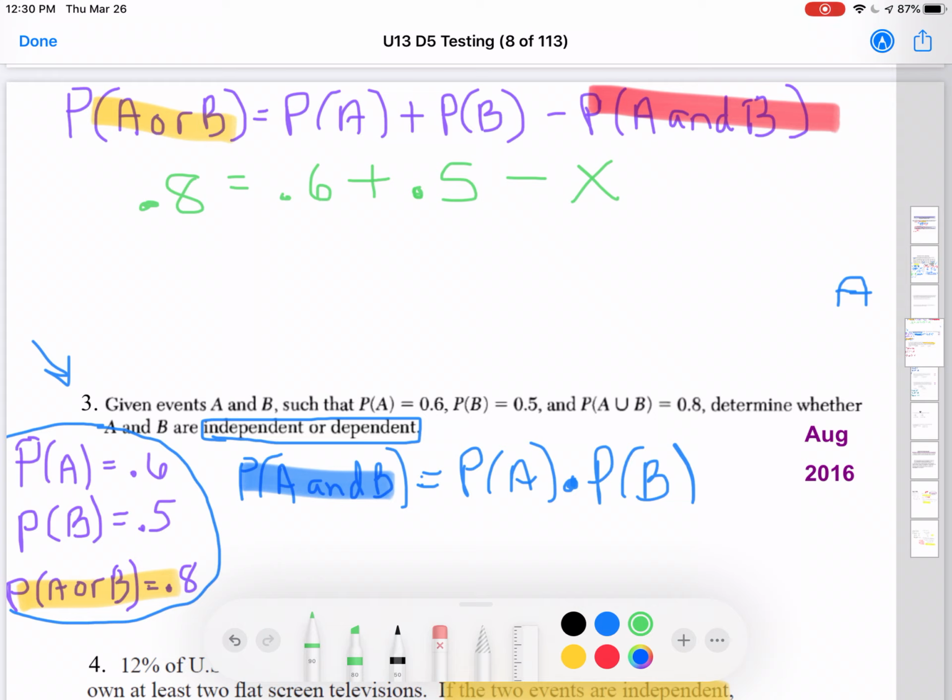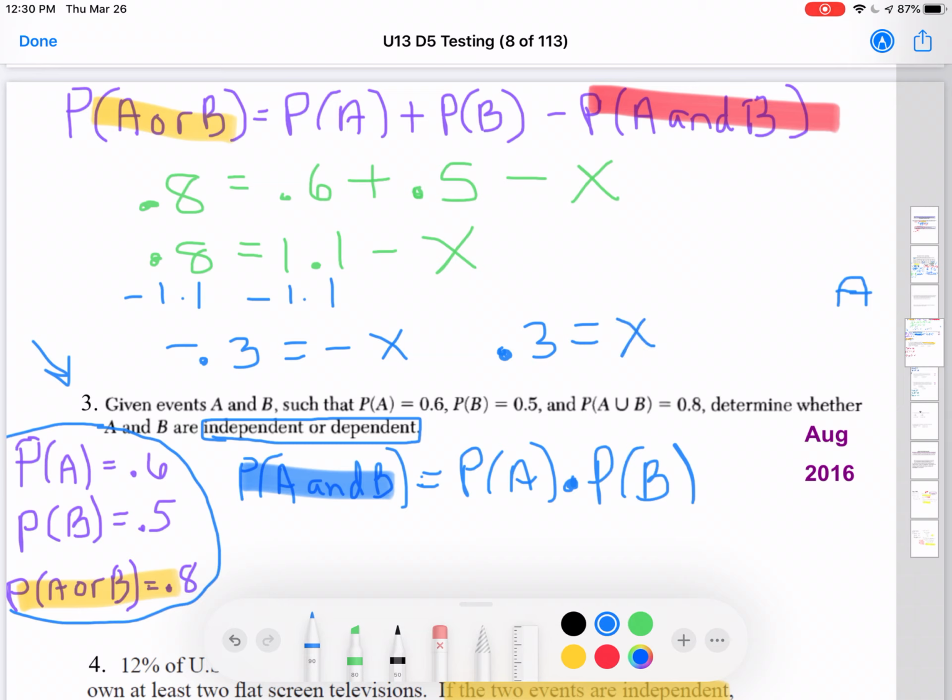You can just use your calculator. So we're left with 0.8 equals 1.1 minus x. And we did stuff like this on day 1. Subtract 1.1, subtract 1.1, and we're left with 0.3, well, technically negative, equals negative x. So 0.3 divide through by a negative, so 0.3 equals x.